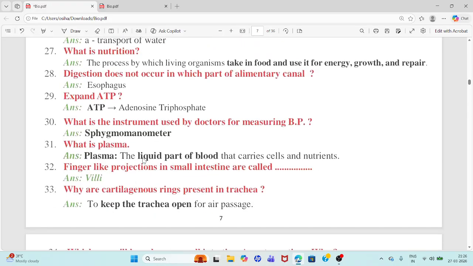What is plasma? The liquid part of blood that carries cells and nutrients is called plasma. Finger-like projections in the small intestine are called villi. Why are cartilaginous rings present in the trachea?